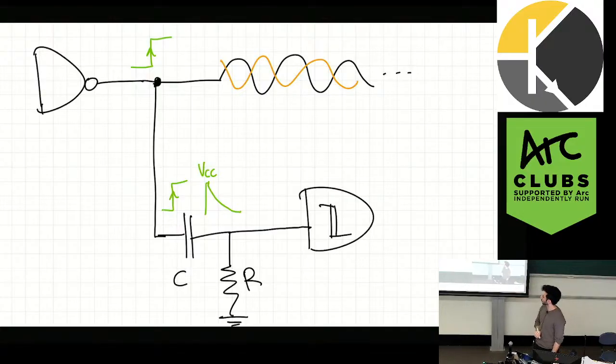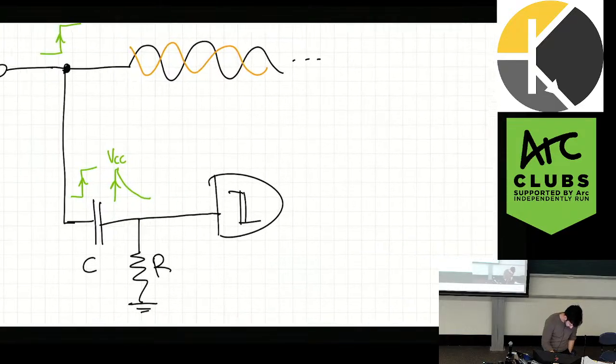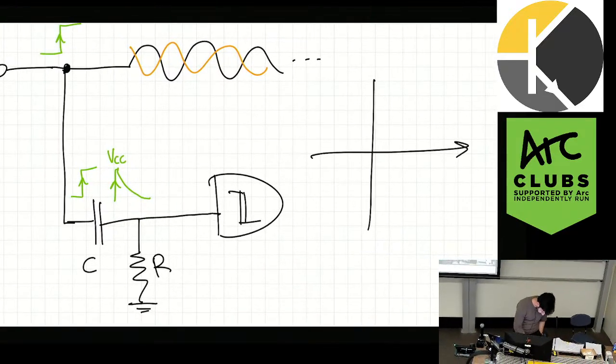It just spikes up initially because it matches whatever it sees, and then it discharges. But what you can see is that the Schmitt trigger can detect this change upwards. So if I draw the Schmitt trigger quickly, it's inverting, so we'd have it like this.